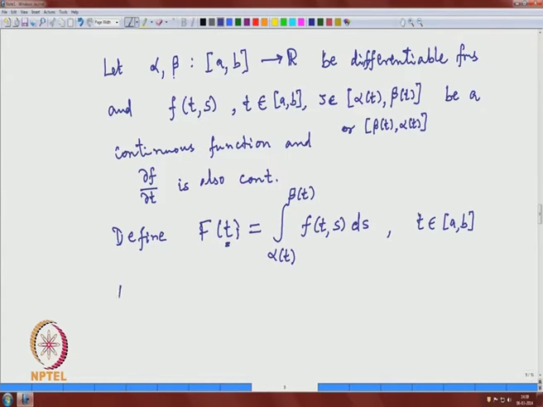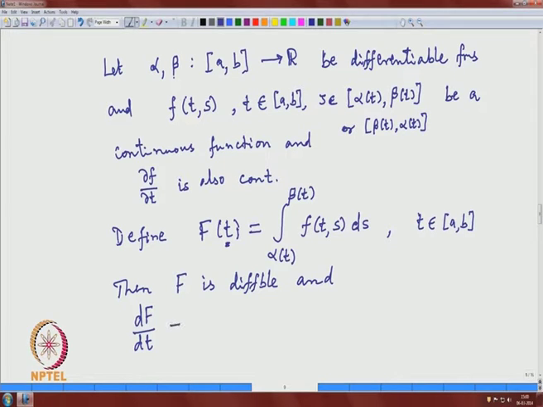Then F is differentiable and this is the formula. It is not really difficult to prove, just like in the previous case. You write F(t+h) minus F(t) by h, and then you manipulate the integral limits, and you will get it.